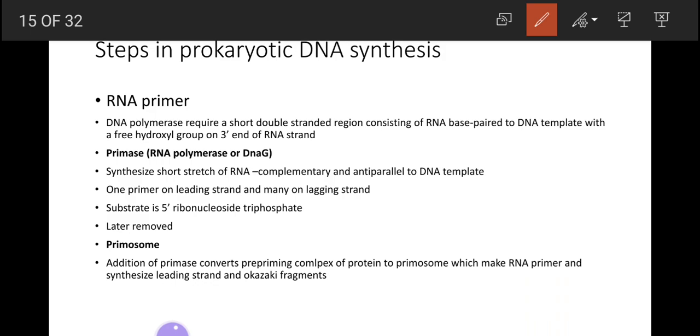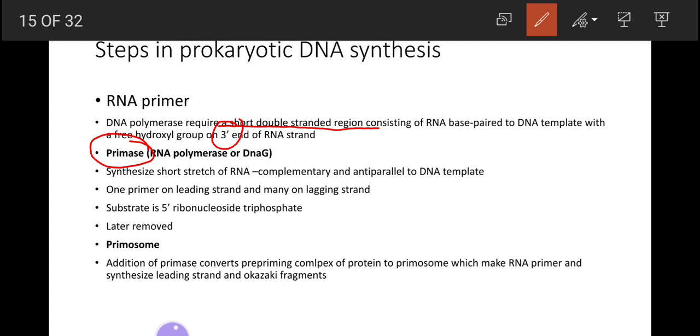So the DNA polymerase requires a short double-stranded region consisting of an RNA base pair to the DNA template with a free hydroxyl group on the 3' end of the RNA strand. And this RNA primer is formed by an enzyme called primase. Primase synthesizes short stretches of RNA which are complementary and anti-parallel to the DNA template.